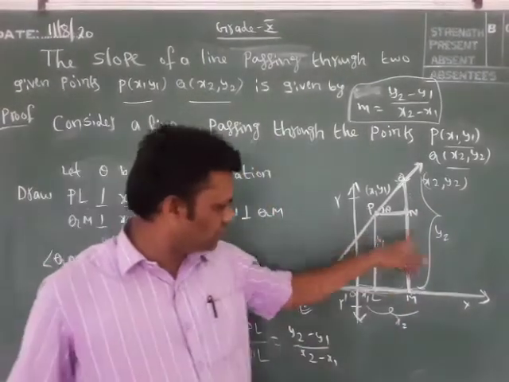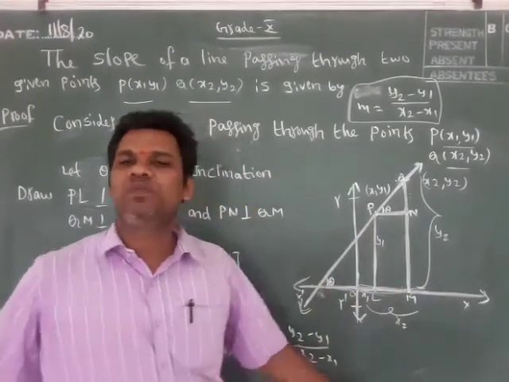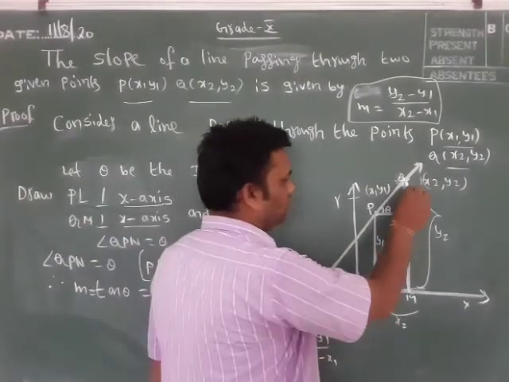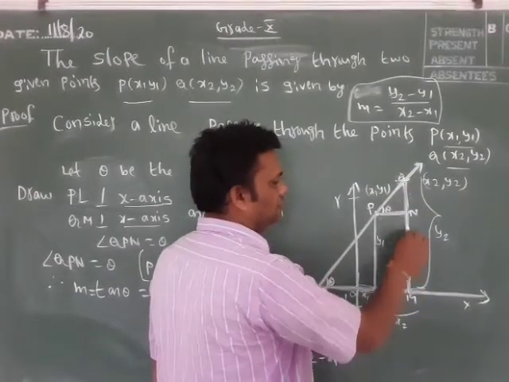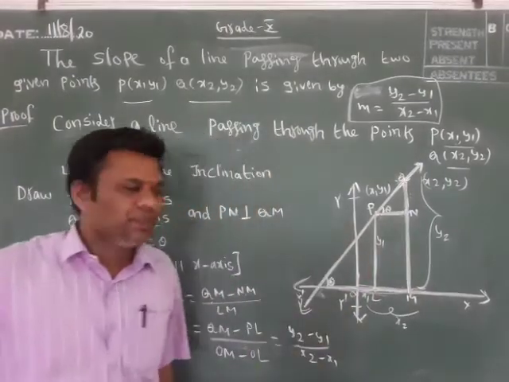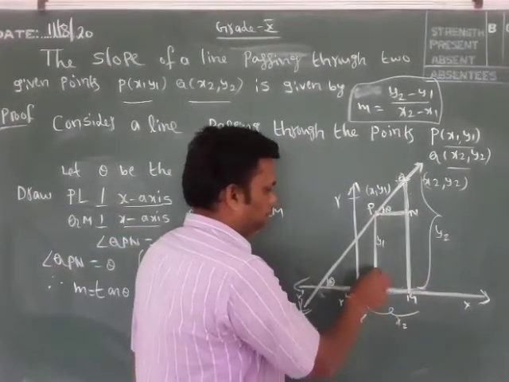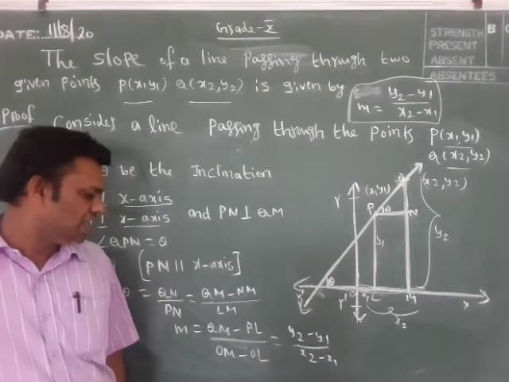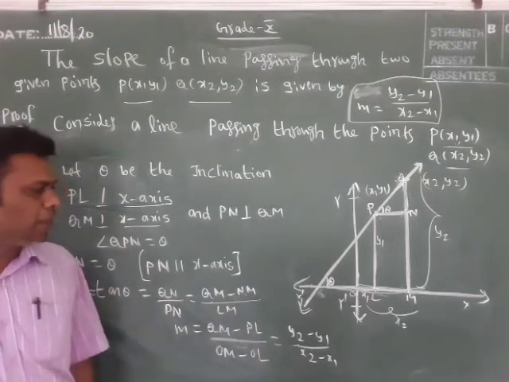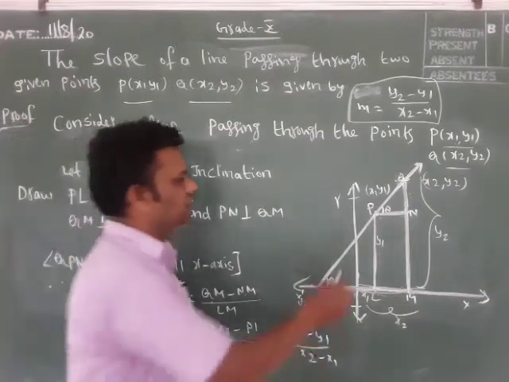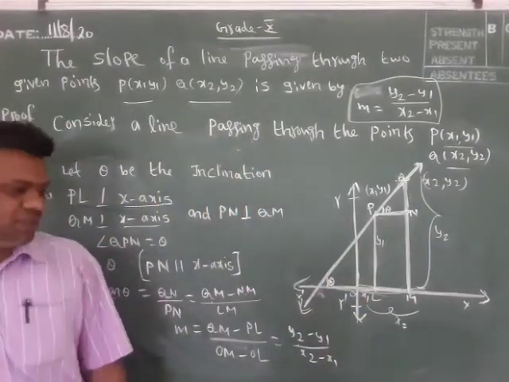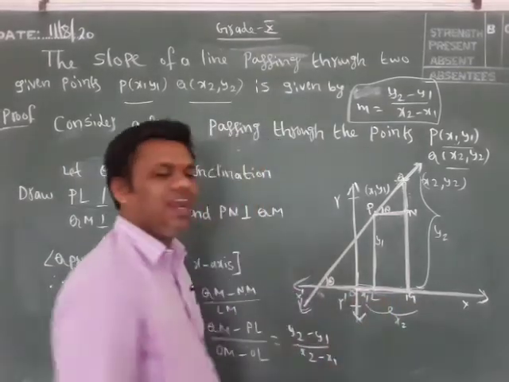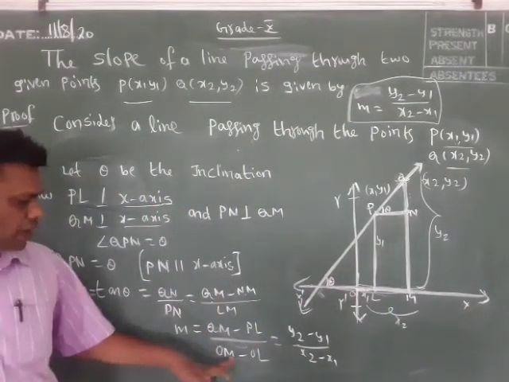So the numerator is QM minus PL. For the denominator, PN is nothing but LM, and LM is OM minus OL.